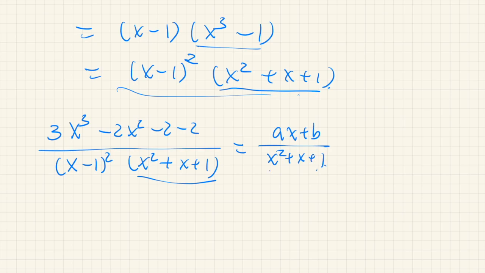Here the denominator is a quadratic form, so the numerator can be a linear form of x, lower degree than the denominator. And for the other fractions, we have some constant c over x minus 1, and some constant d over (x - 1)^2.